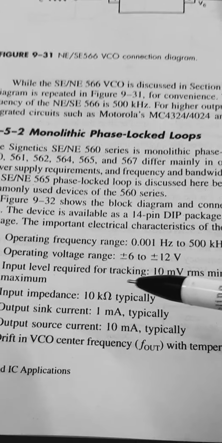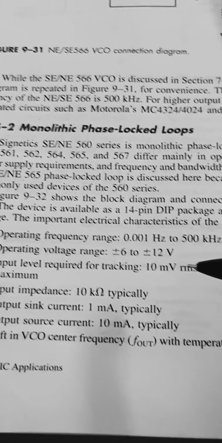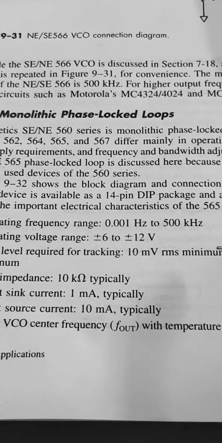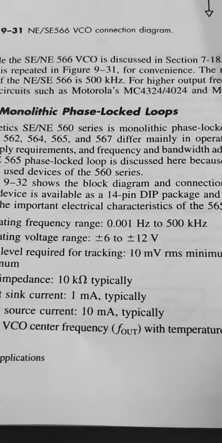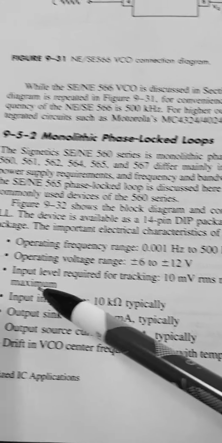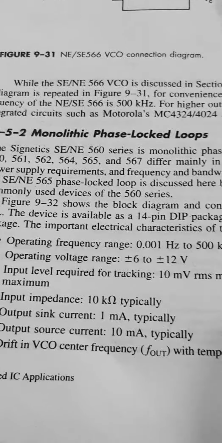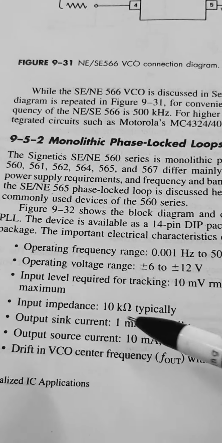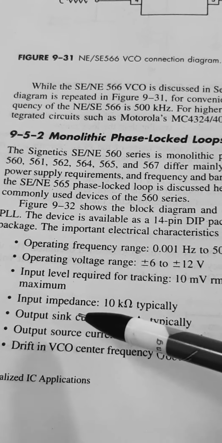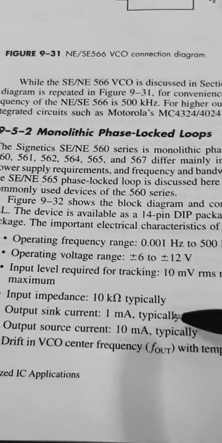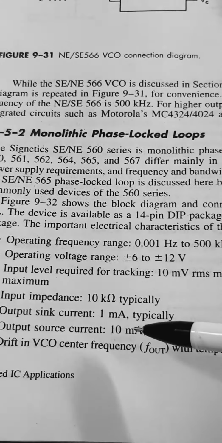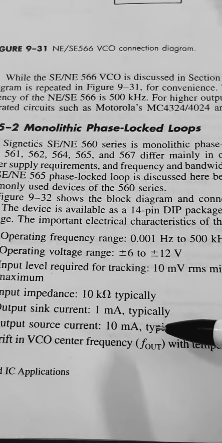Input level required for tracking is 10 millivolt RMS minimum to 3 volt peak to peak maximum. Input impedance is 10 kilo ohm typically. Output sink current is 1 milliamp typically. Output source current is 10 milliamp typically.